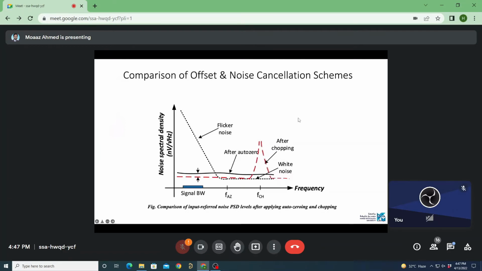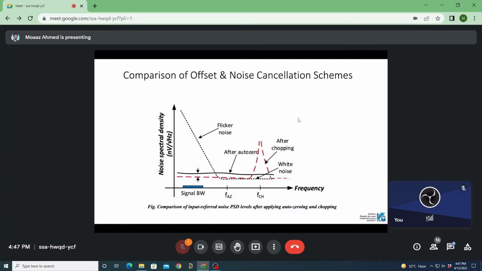If you employ auto zeroing, we don't have to do low pass filtering later because there is no ripple. The problem is that auto zeroing is a discrete time operation, so whenever you have sampling, some of the out-of-band noise gets in band. There is always noise folding, so in the end you have a raised noise floor. This is the problem with auto zeroing. That's why you see a difference like this black.